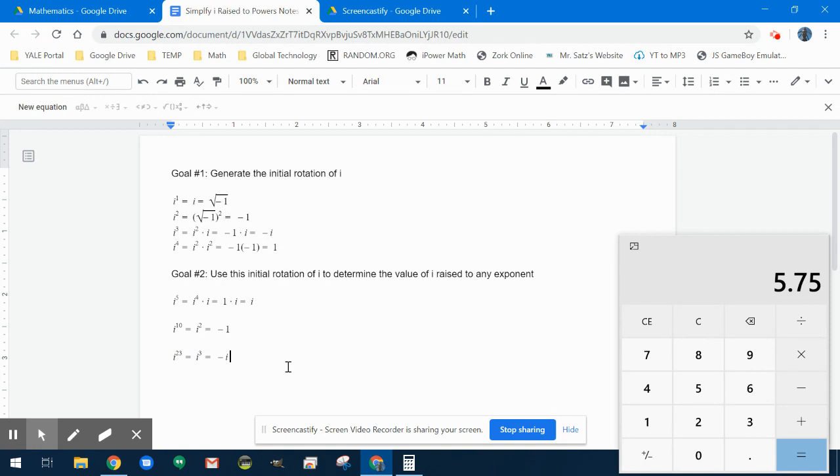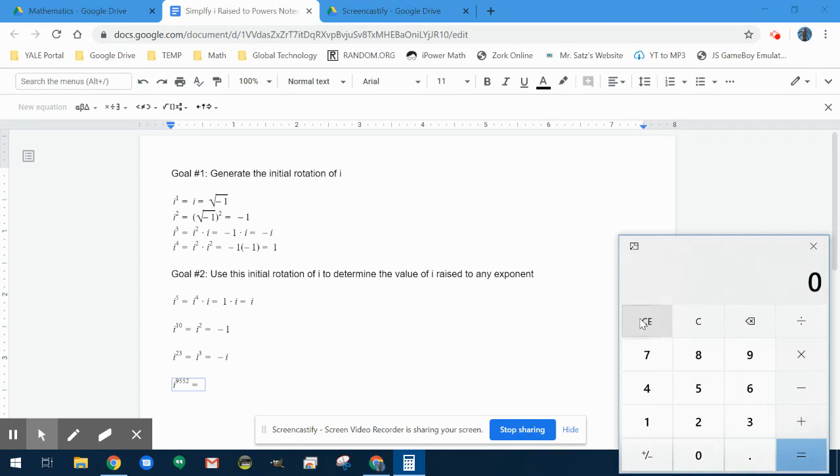One more example. The last example that I'm going to do is i to the 9,552nd power, because that looks like something that Mr. Sats might give us because he might think that that kind of thing is fun. But it doesn't matter. We're just going to take that number, doesn't matter what the number is, and divide it by 4.